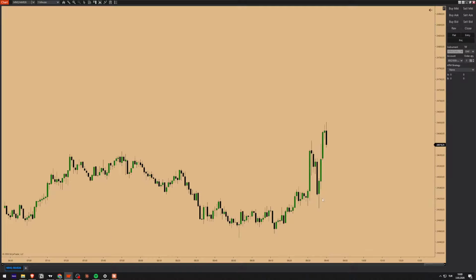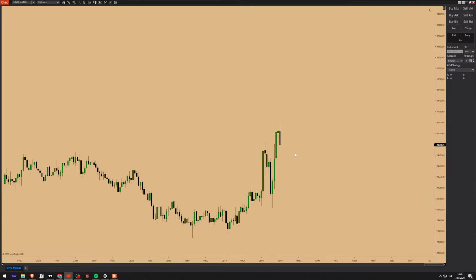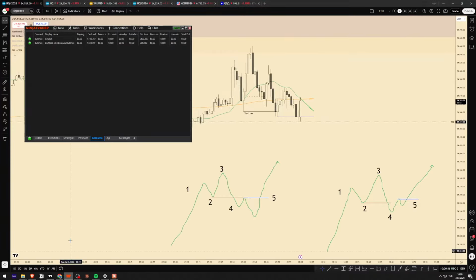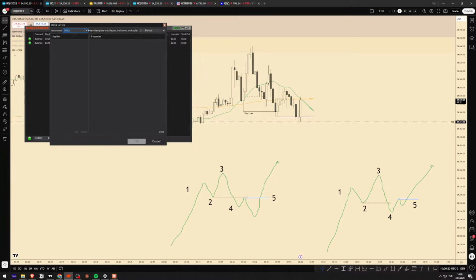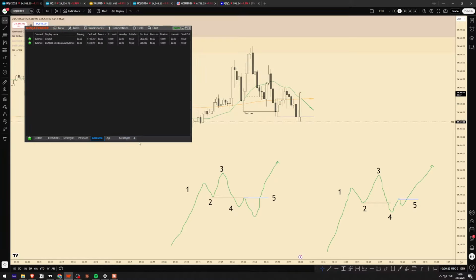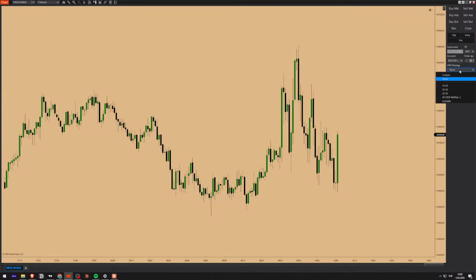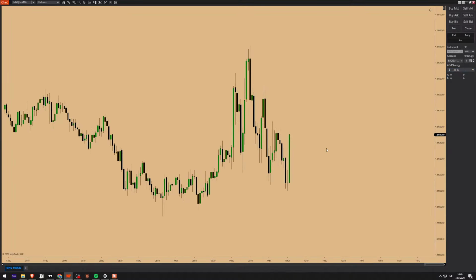I'll try one here. What's going on here? There is something wrong with Rhythmic. Let me check this again. Okay, thanks to Rhythmic, I missed this one.